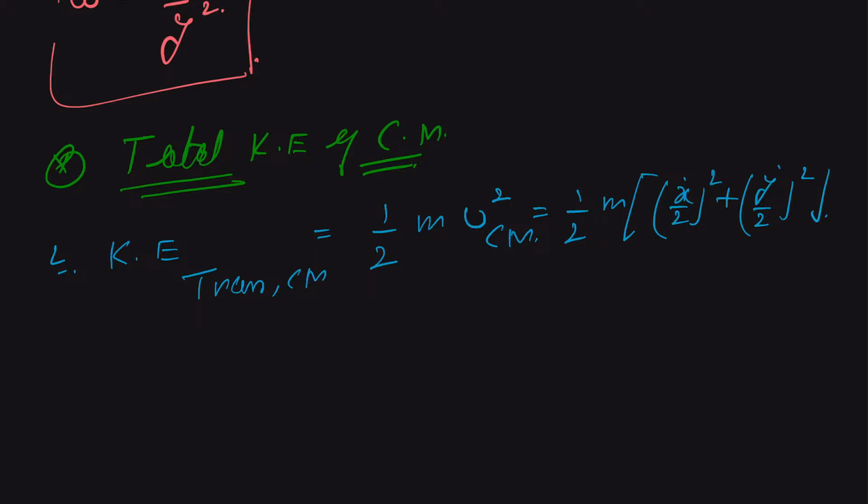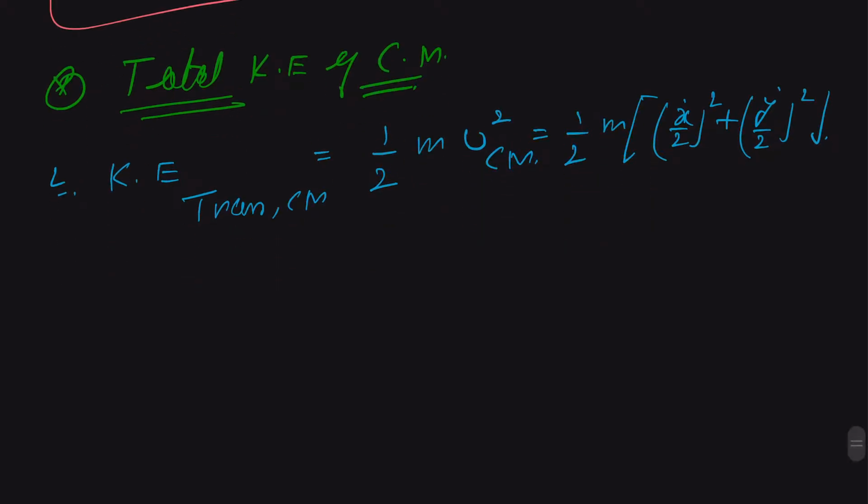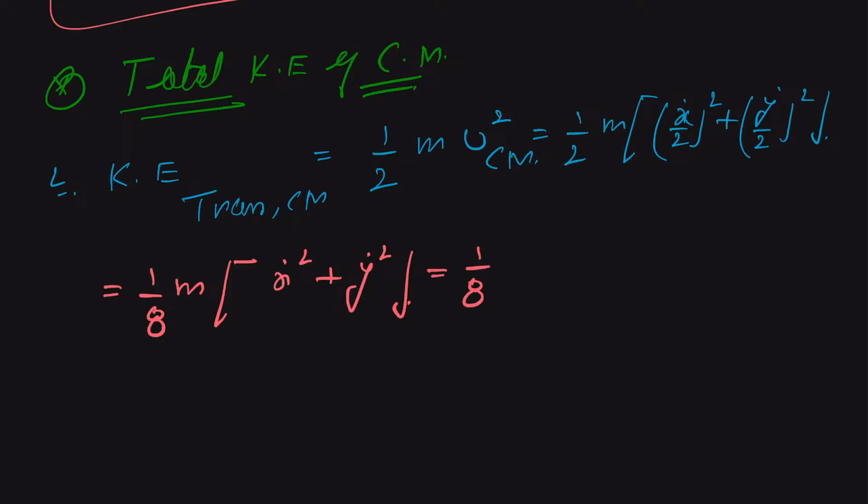So we get this will be equal to half m, we can take the 4 outside, so we can write this as 1 by 8, and inside we are left with x dot square plus y dot square, and y dot we already know, so this comes as 1 by 8 times m.